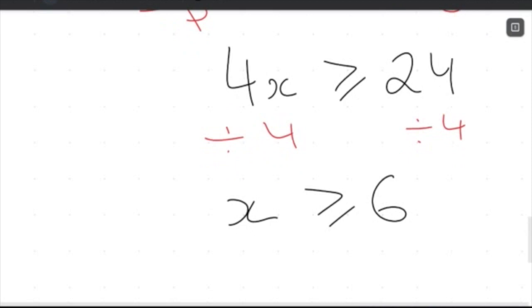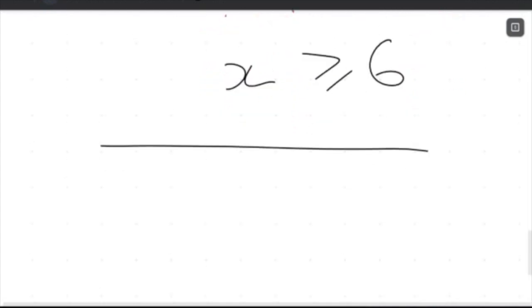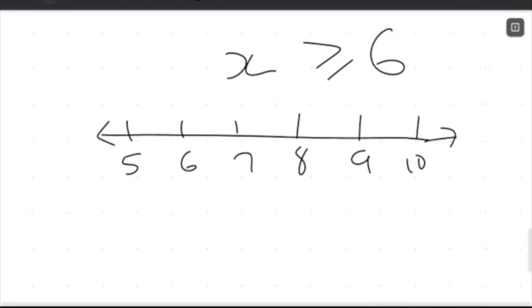So this now means that if we draw this on a number line, so I don't know, we'll go 5, 6, 7, 8, 9, 10. That's pretty ugly. Let's try that again. I'm looking at every number that is greater than 6 as well as 6 as well.